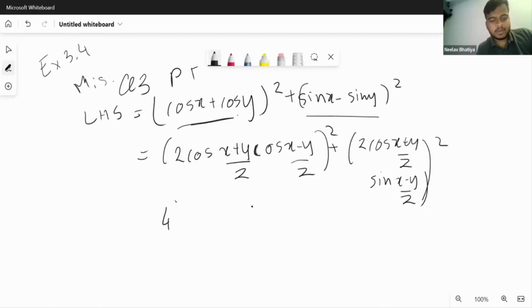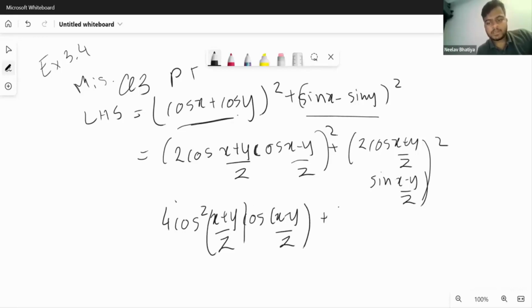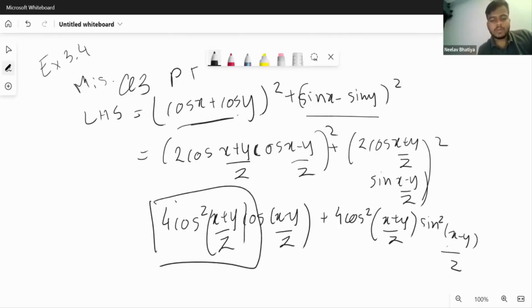So I'm left with 4 times cos square x plus y by 2 cos square x minus y by 2 plus 4 times cos square x plus y by 2 sin square x minus y by 2. Correct? Notice the 4 times cos square x plus y by 2 in both terms.